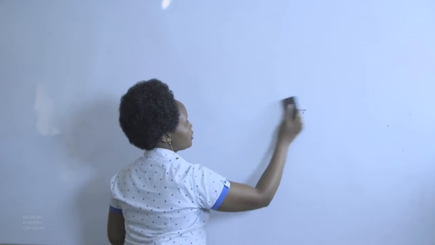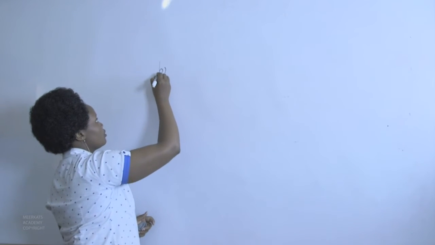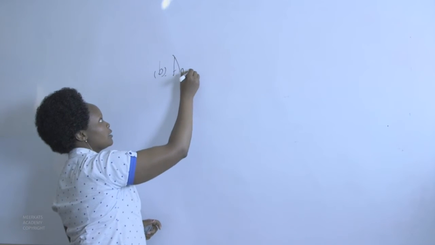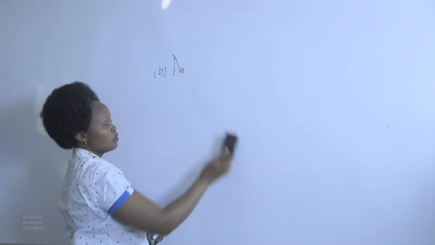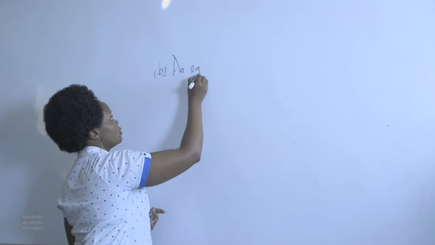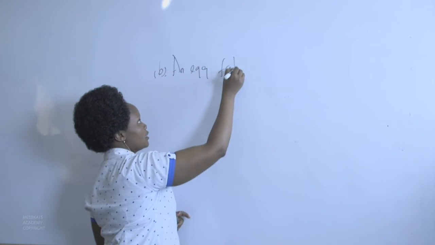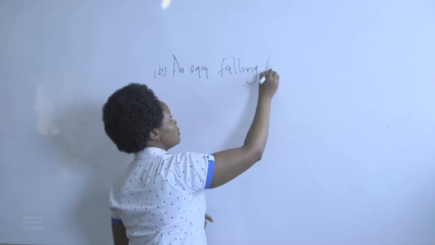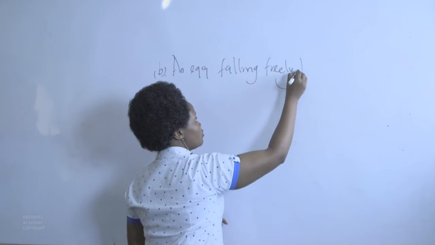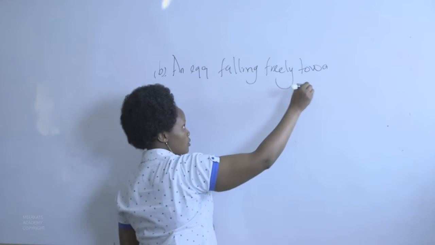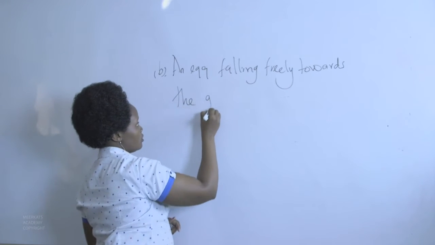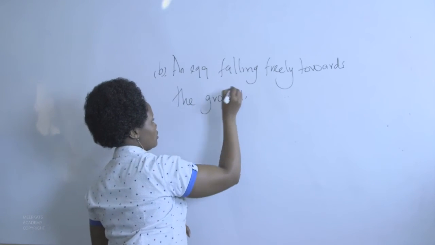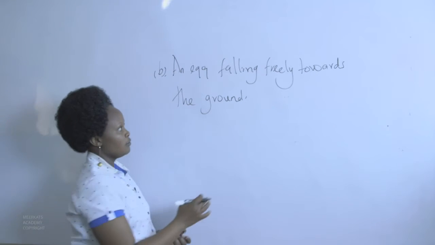Try to come up with a diagram of an egg. Example 2 is an egg falling freely towards the ground and from a nest.